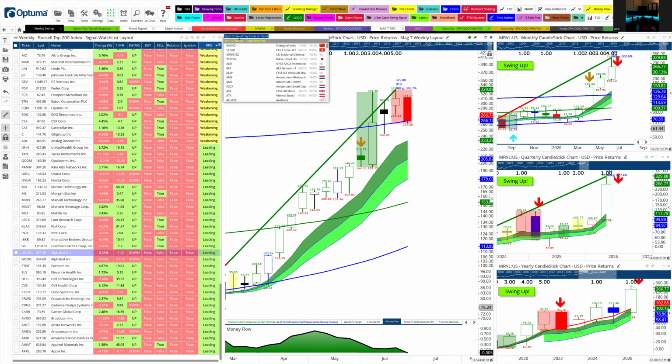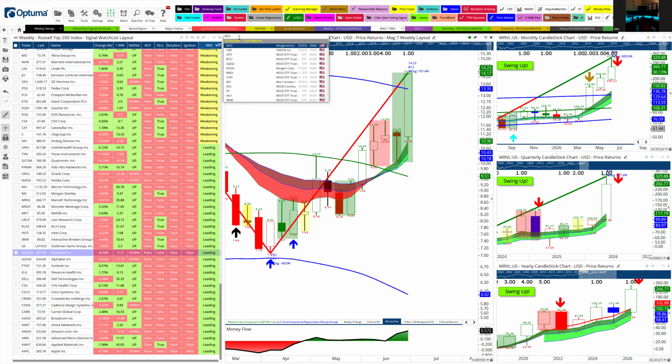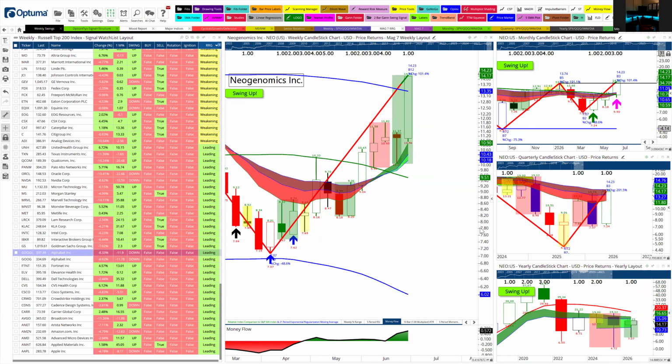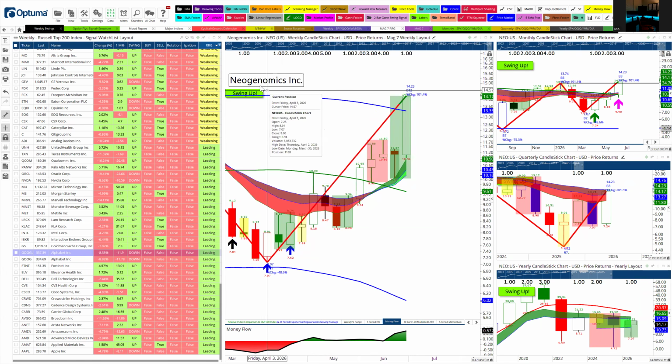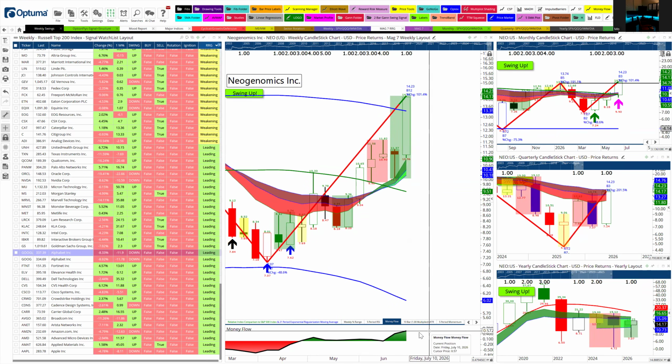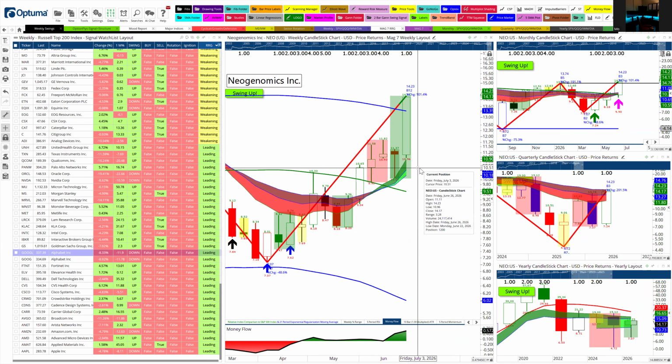This is the stock, this is the beauty right there. See, Neo, up, up, up, up. Signal, money flow positive. This one popped up on a scanner, and next day this week it went up like 33% or so. Look at the size of that candle.